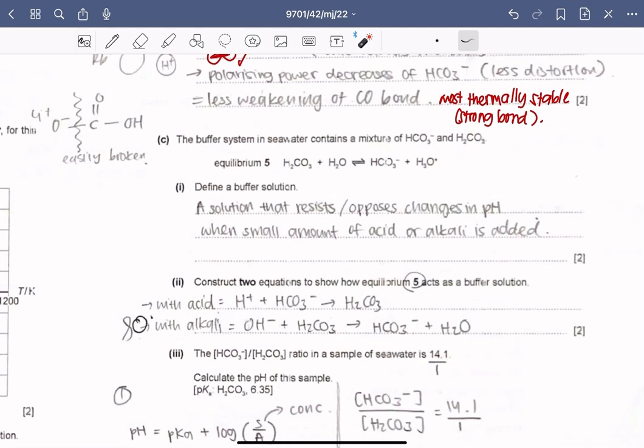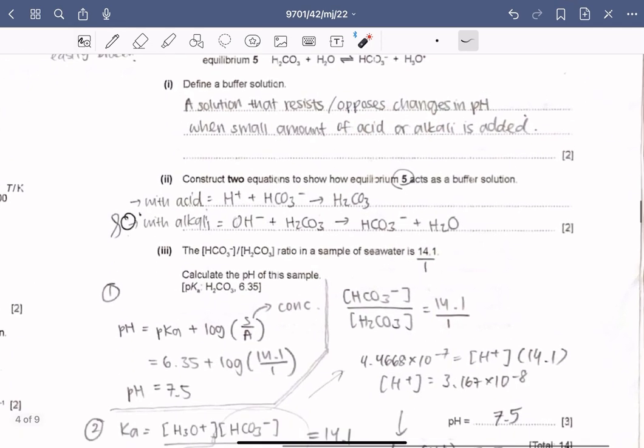So whenever a small amount of acid or a small amount of alkali is added, the buffer pH stays constant unless it reaches the maximum amount of acid or alkali it can handle.